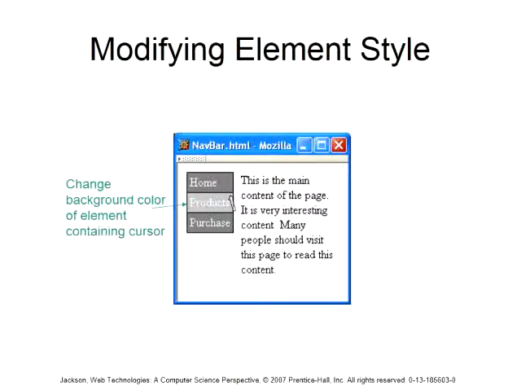So if we want to modify the style of an element in our HTML document, how can we modify this style? There are two steps to modify the style of an element.